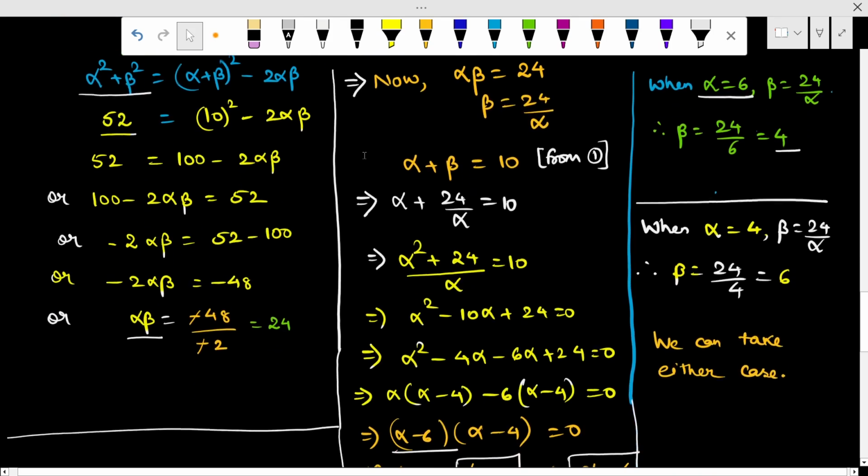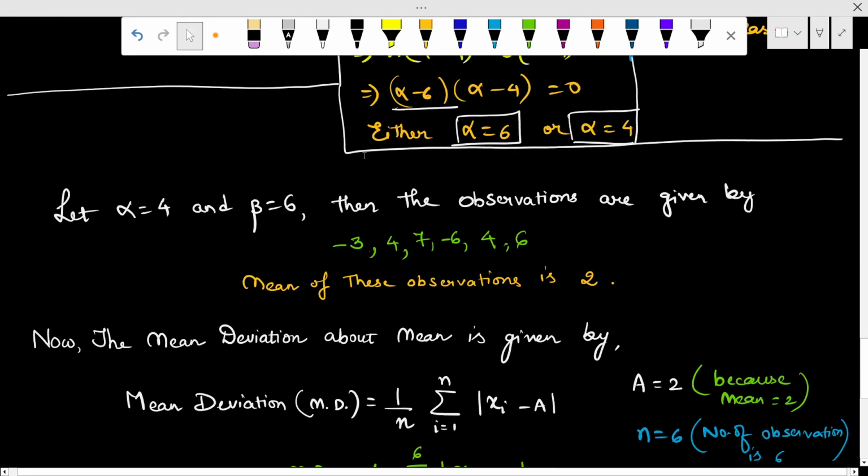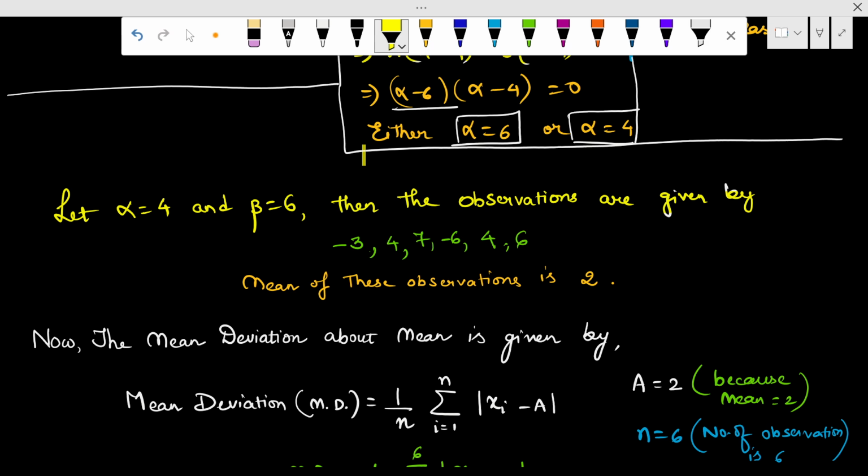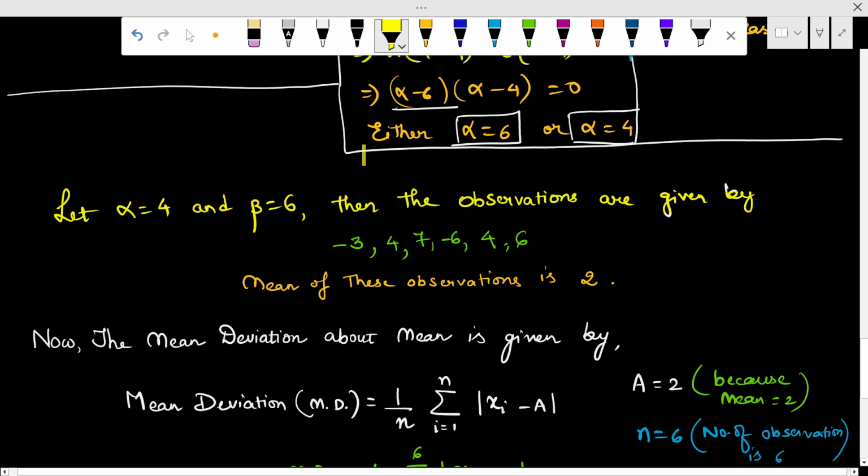We can take either case, right? So let alpha be 4 and beta be 6. Then the 6 observations are minus 3, 4, 7, minus 6, 4 and 6. Now the mean of these observations is 2, right?